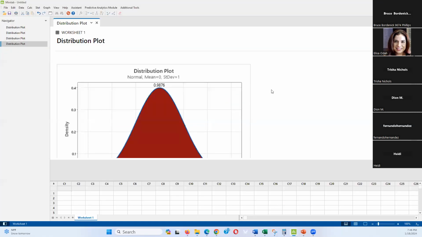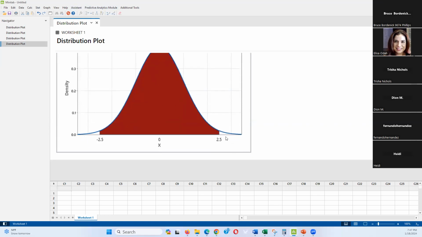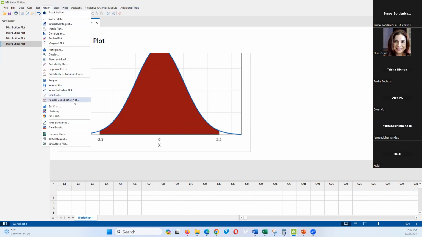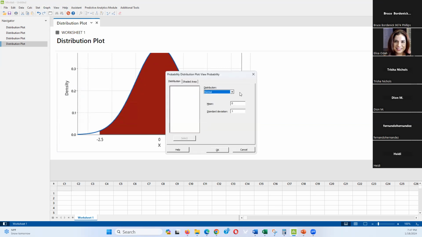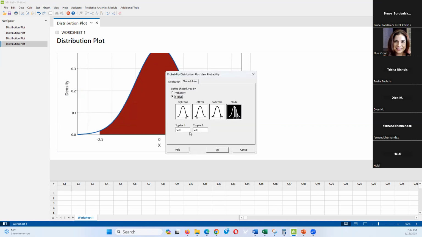There are 3 ways to do it. One is putting in the X value. Second is giving the probability, then you can find the X value. So I'm going to show you the probability. I need to find the value. Let's say 5% here.